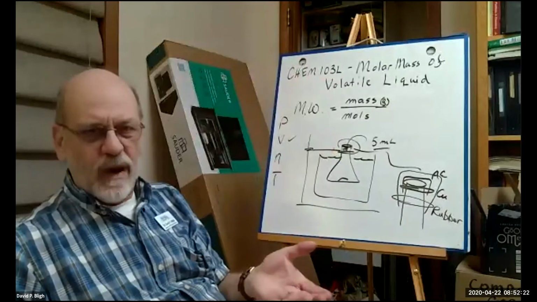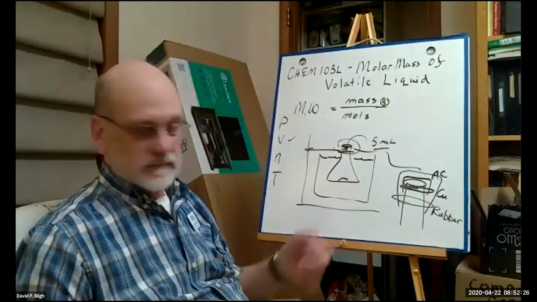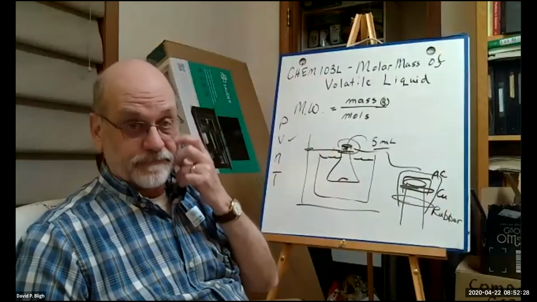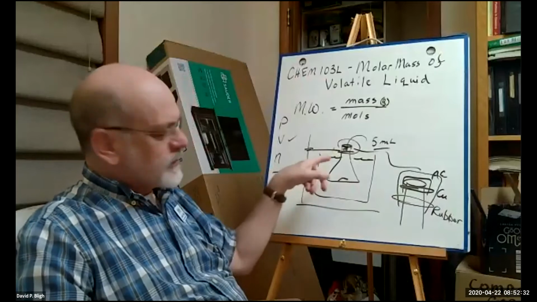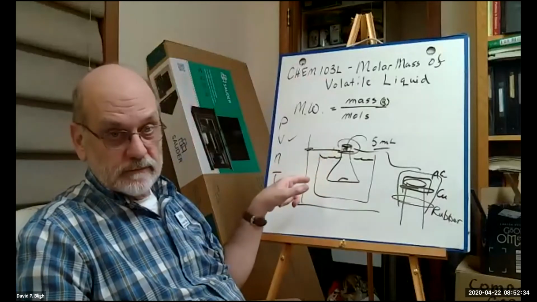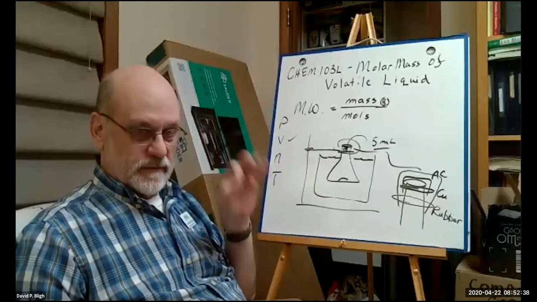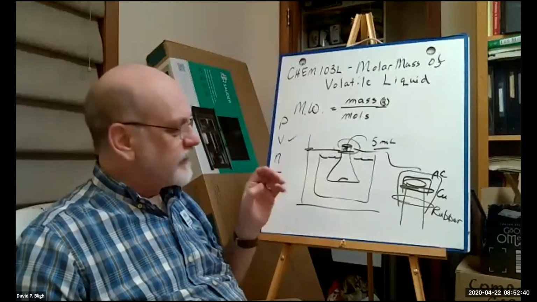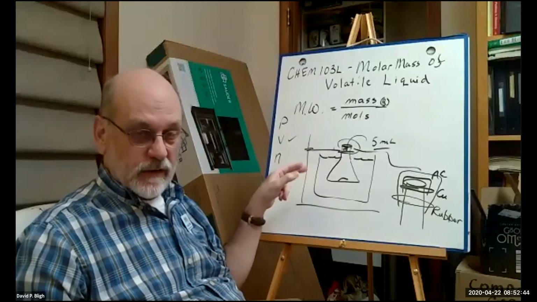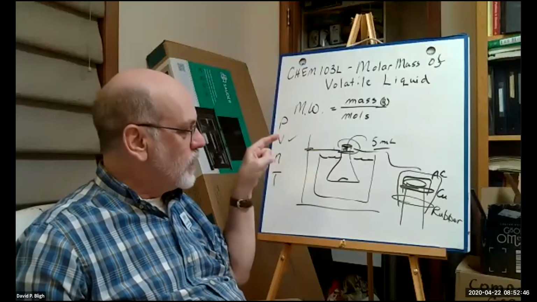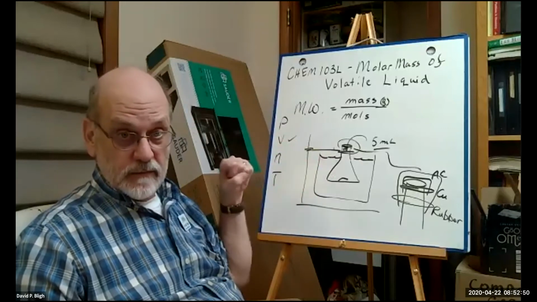Now, why would we bother to put 2 pieces of aluminum foil around that? Well, notice what's happening. You're submerging this flask in water. So think about potential errors. In order to get the weight of the gas in the container, you need to know the dry weight of your Erlenmeyer flask.